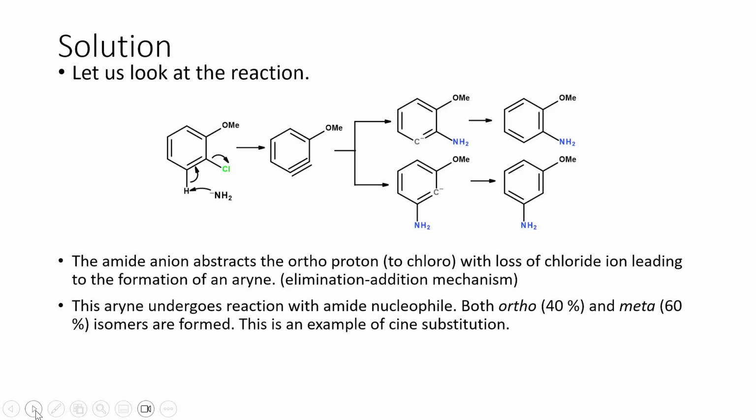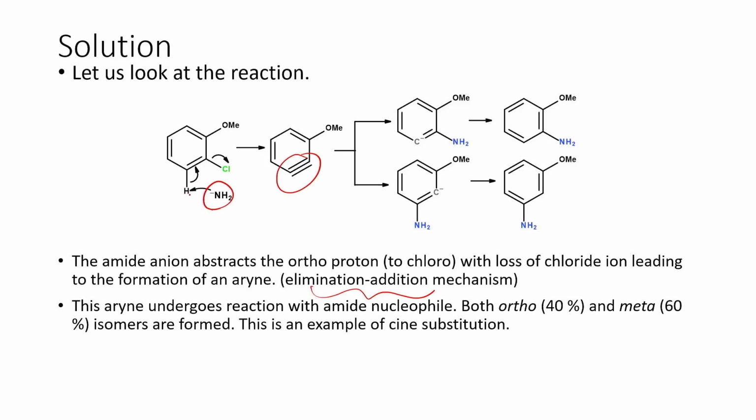So this reaction basically follows the aryne mechanism. This is the elimination-addition mechanism in this particular case. The base, the NH2 minus amide anion, abstracts the ortho proton to the halogen unit.